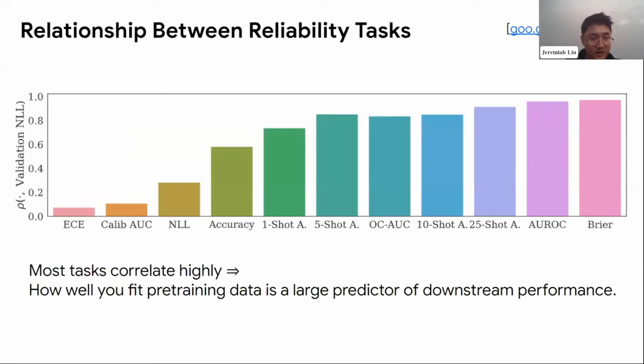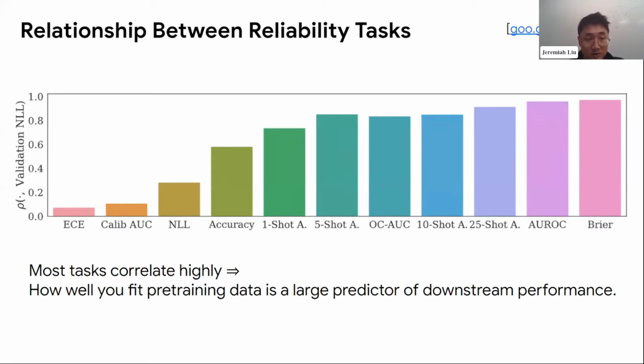Yeah, and finally, this is one striking and very interesting observation. We actually observed a strong correlation between the pre-training performance, in terms of the validation negative log likelihood, and the model's general performance in the downstream fine-tuning tasks.